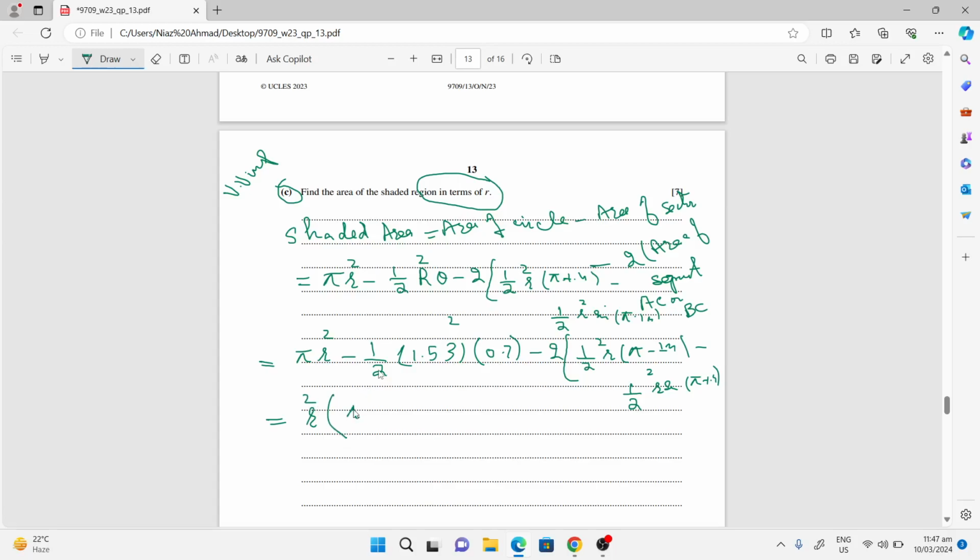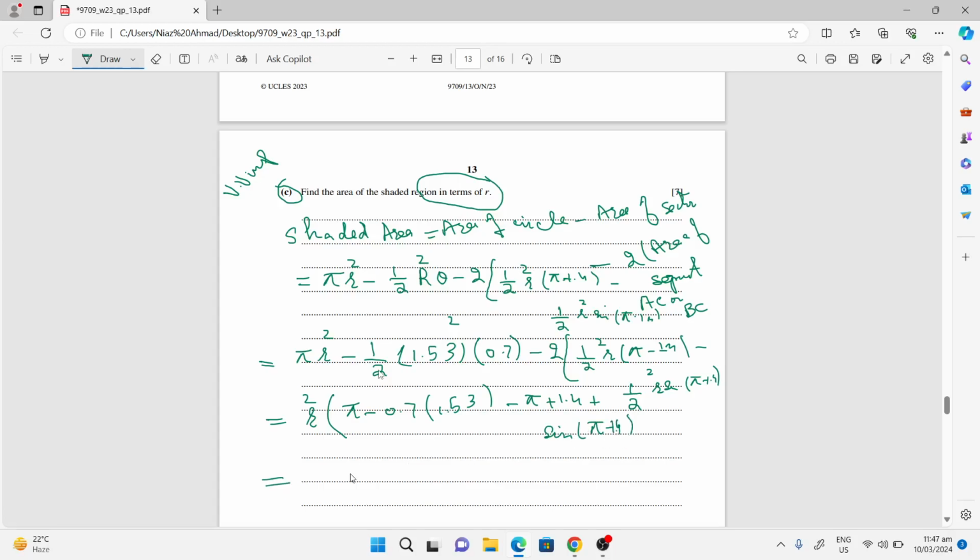So you can say simply this would be pi minus 0.7 into the value of r, that is 1.53, minus pi, 2 cancels 2, so it will be giving you minus pi plus 1.4 plus sine into pi minus 1.4.